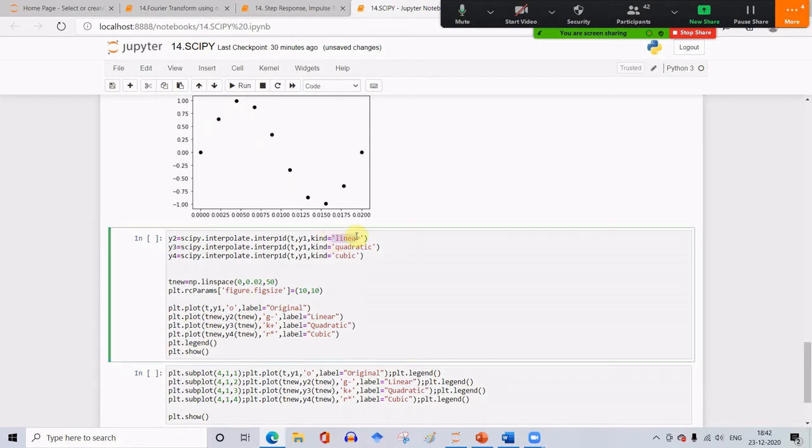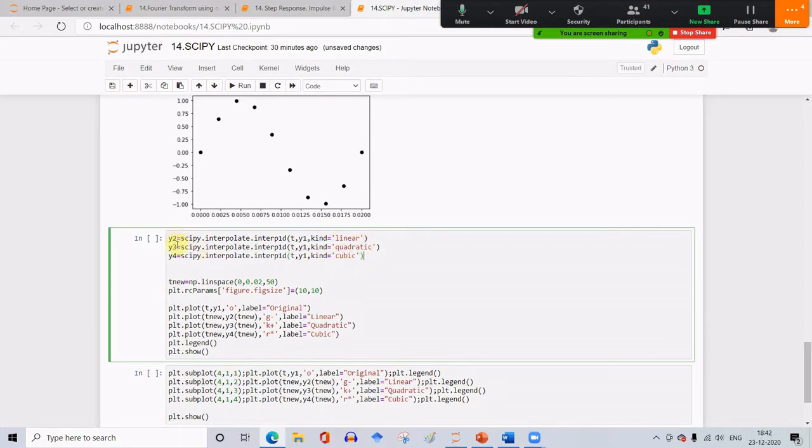One is linear interpolation: take two adjacent points very close to each other and approximate by a straight line. Next, quadratic, approximated by a quadratic equation to get the in-between points, or a cubic equation. So how to make use of these three types of interpolation methods using SciPy?